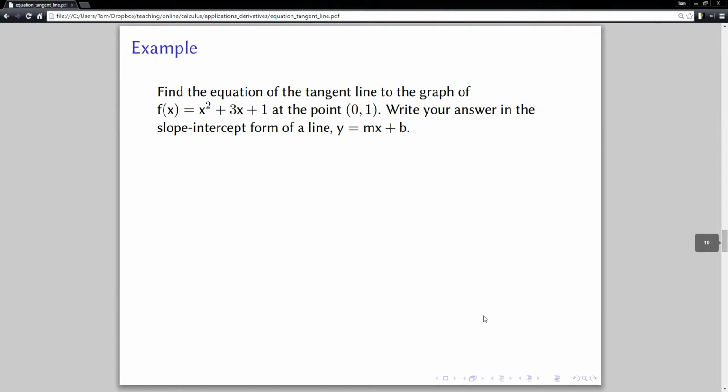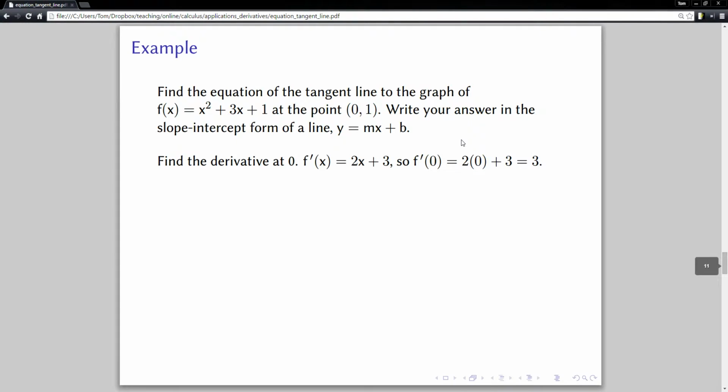All right, so let's look at an example. Find the equation of the tangent line to the graph of f of x equals x squared plus 3x plus 1 at the point 0 comma 1. And write your answer in the slope-intercept form of the line, y equals mx plus b. So the very first thing is we need to find the derivative at 0, the x value of the point that they give us.